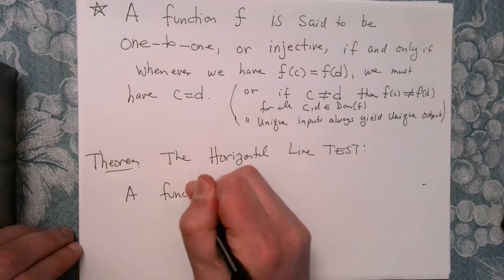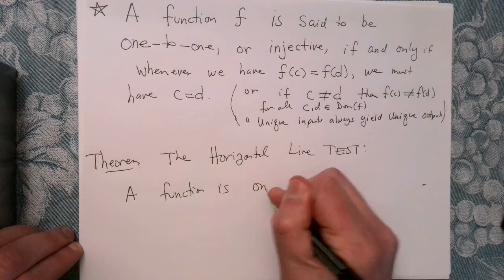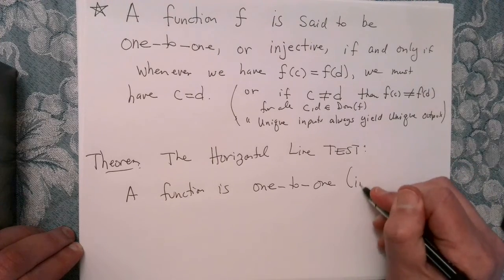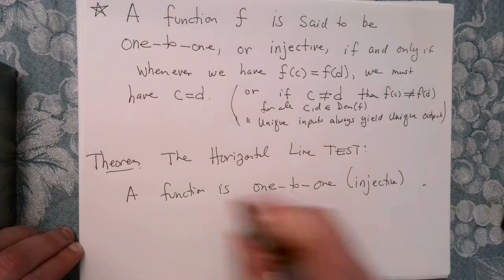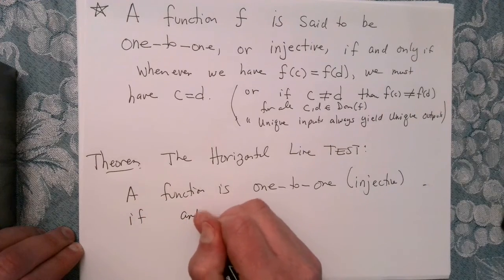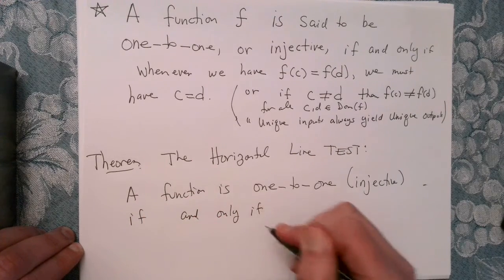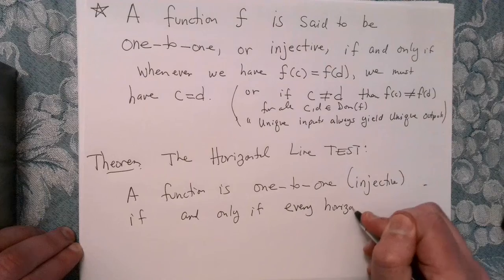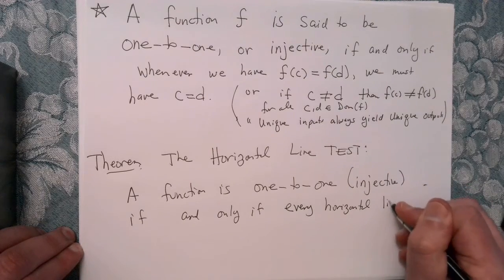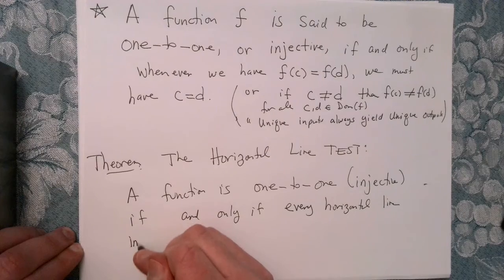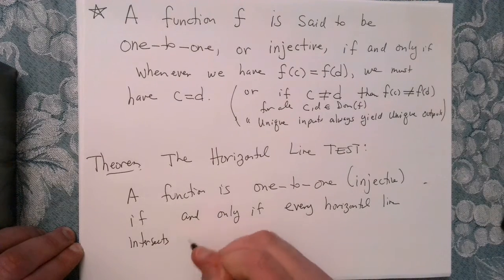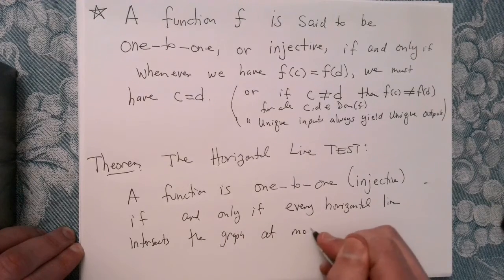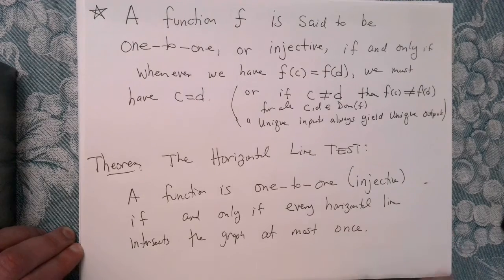A function is one-to-one or injective if and only if every horizontal line intersects the graph at most one time, or once.